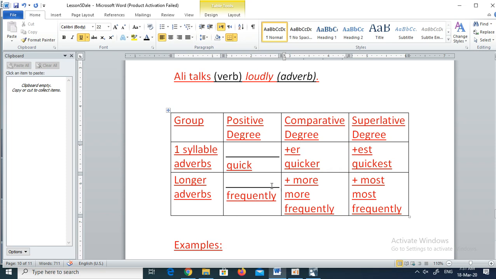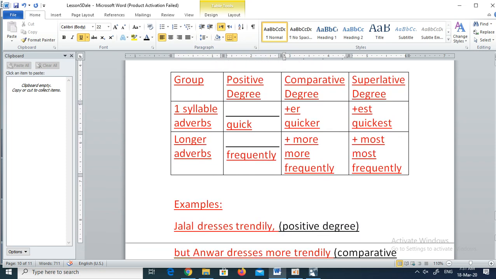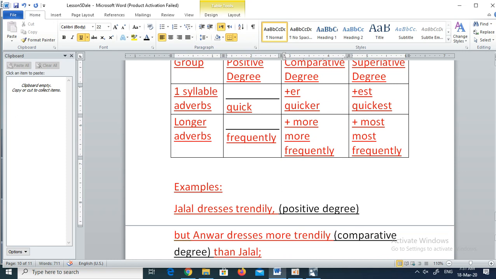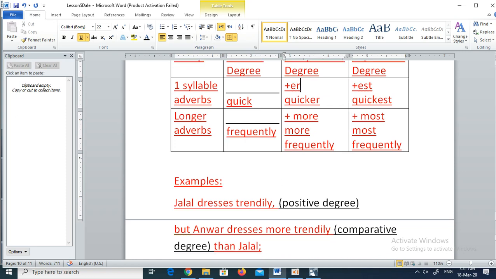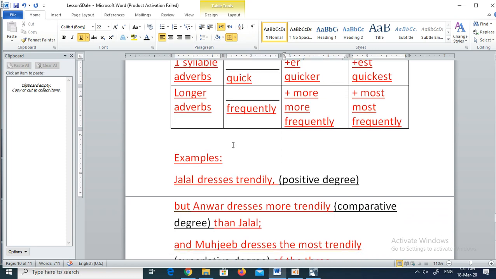If we have a longer adverb, like frequently, all we have to do is use those two words, more to make the comparative and most to make the superlative degree. So we will say frequently as the positive degree, more frequently as the comparative degree, and most frequently as the superlative degree. So let's have a look at some examples.